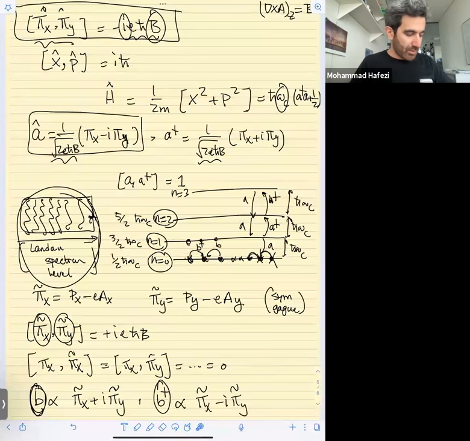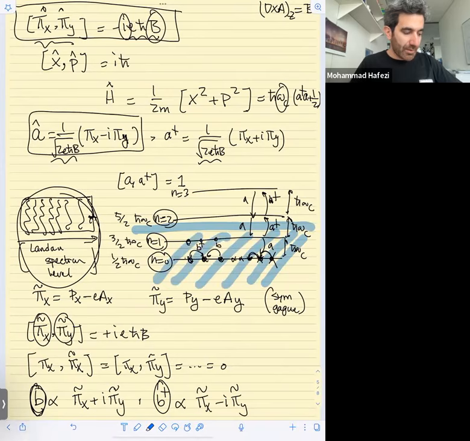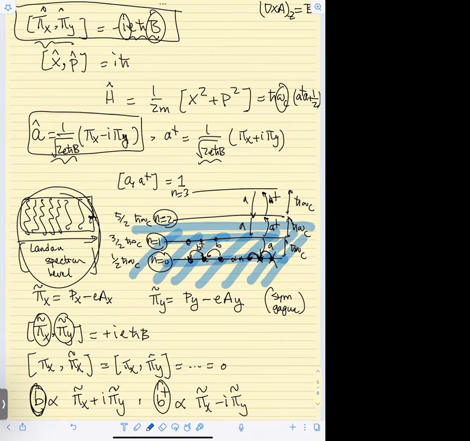It means that at zero temperature, all the states below the Fermi level should be filled up. And then I have to look at the contribution of all these states to the transport, to the excitation, optical response, etc.